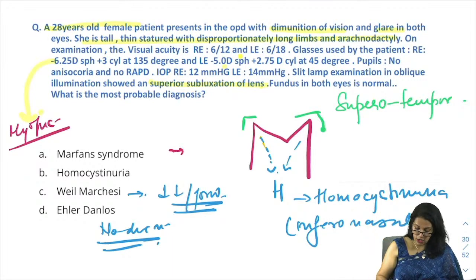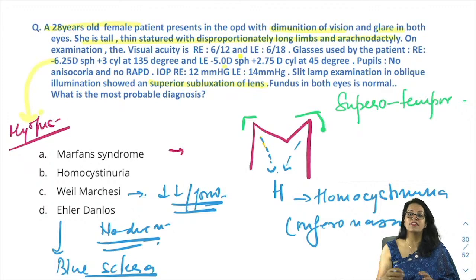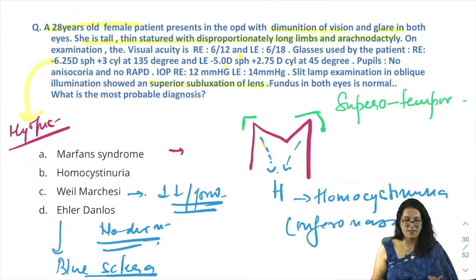Okay? Ehlers-Danlos, another important thing I always tell you here, blue sclera. What is blue sclera? Very thin sclera where the underlying uveal tissue is visible. That is what is called blue sclera. What are the other causes? I hope you all remember. Osteogenesis imperfecta, then pseudoxanthoma elasticum and so on, where the collagen disorders will make the sclera very thin and therefore the uveal tissue will be visible.